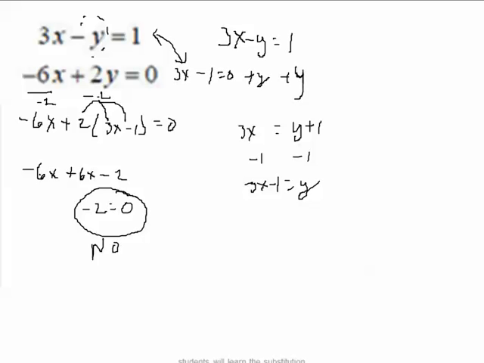They're the same. These two lines are parallel. If I reach a situation where it is not possible, that must mean I have parallel lines, P-A-R-A-L-L-E-L, lines, and there is no solution.